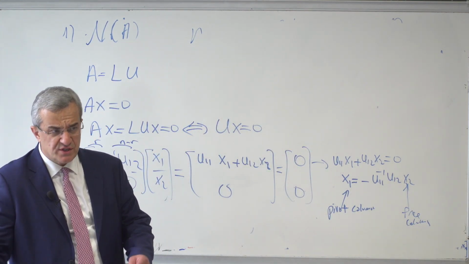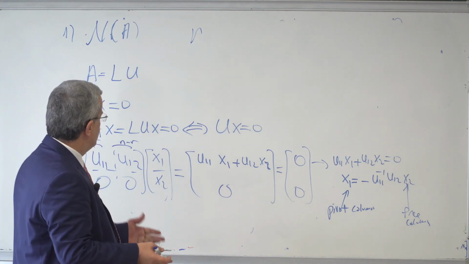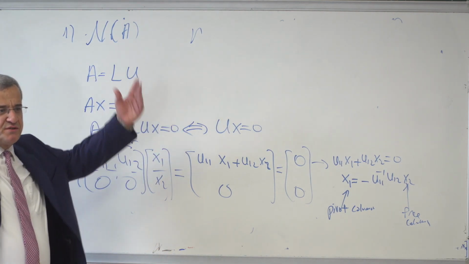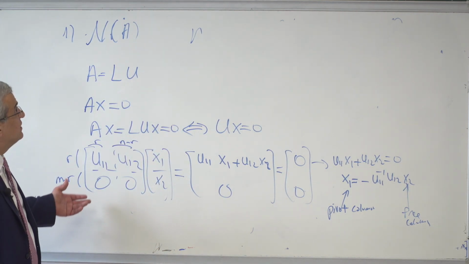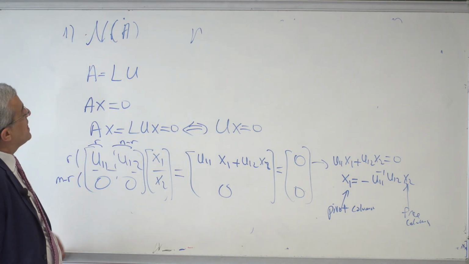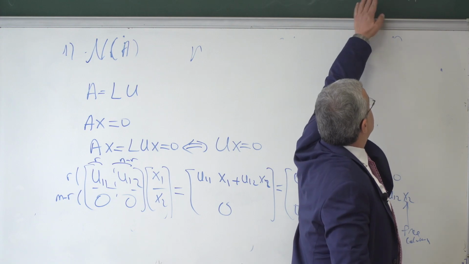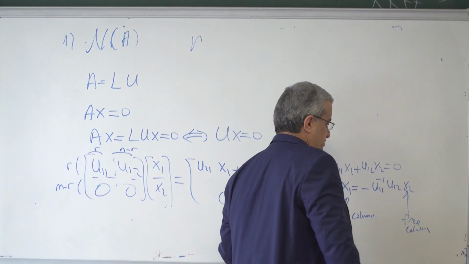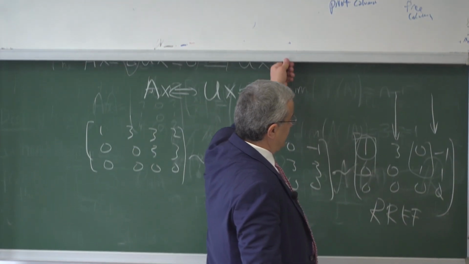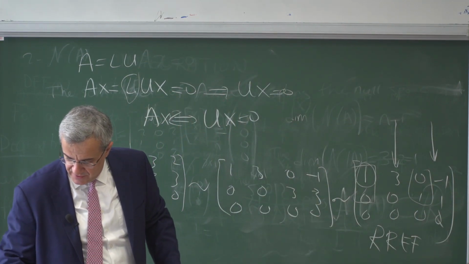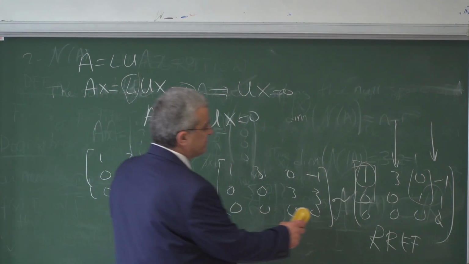So what does this mean? Let's talk about this. Like in that example, if you had this column as well here, let me just change it. In that example I was trying to explain something else.